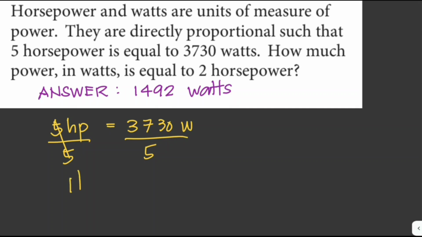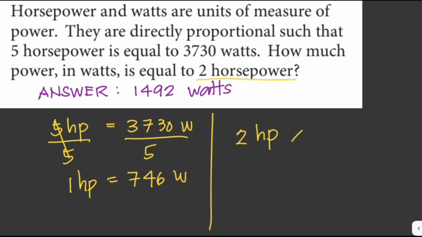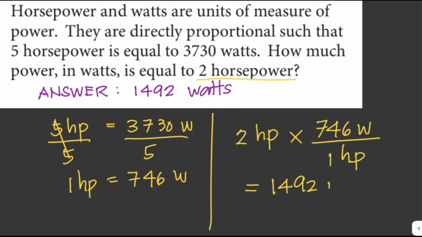Therefore, 1 horsepower is just equal to 746 watts. And now we solve for 2 horsepower. So that would be 2 horsepower, we just multiply this by 746 watts per horsepower. So our answer is 1,492 watts. So we get the same answer.